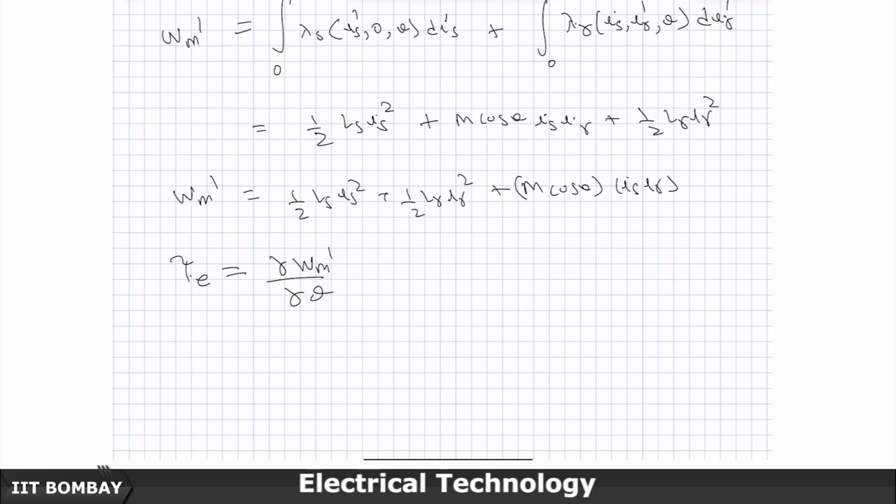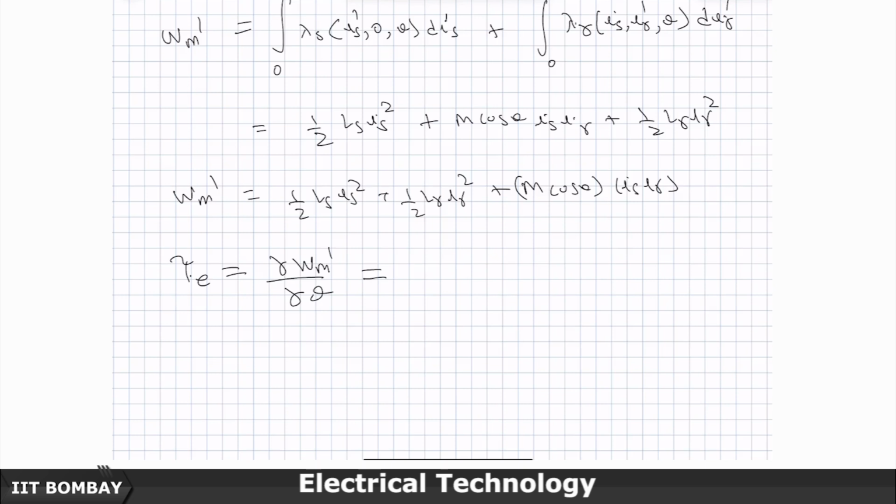And take the partial derivative with respect to theta, it is positive. Remember, for co-energy we take a positive partial derivative. When you do it with respect to magnetic stored energy, then you take a negative partial derivative. Let us not worry about that, we have seen that.